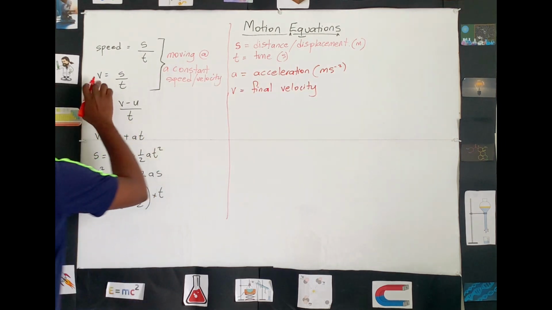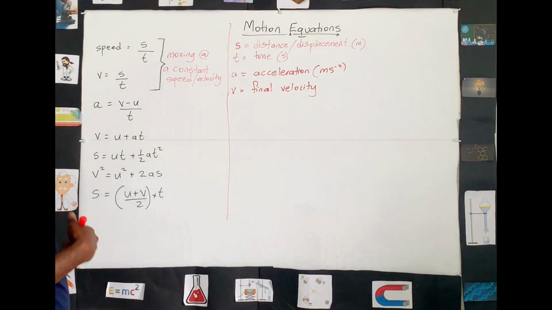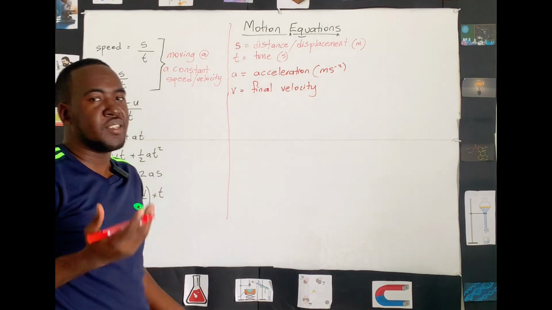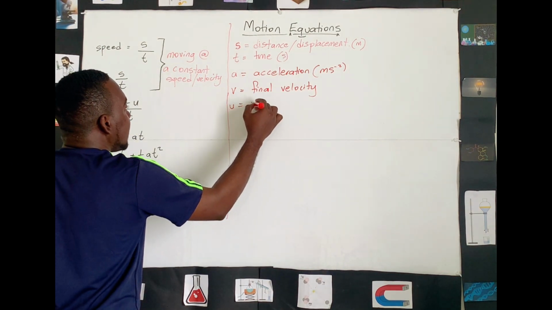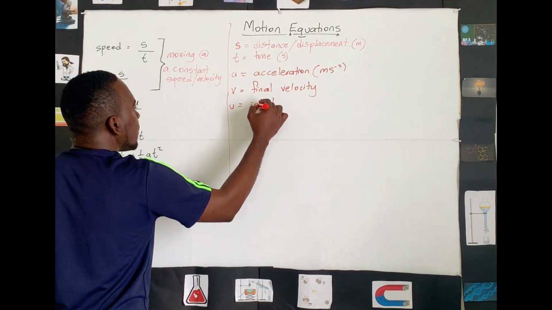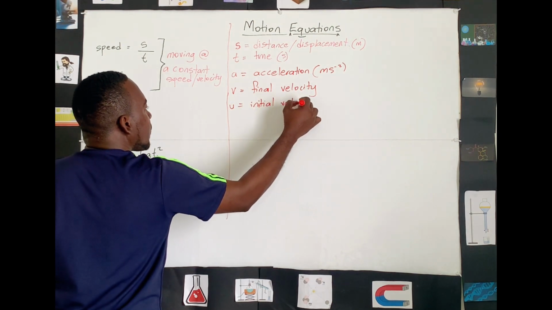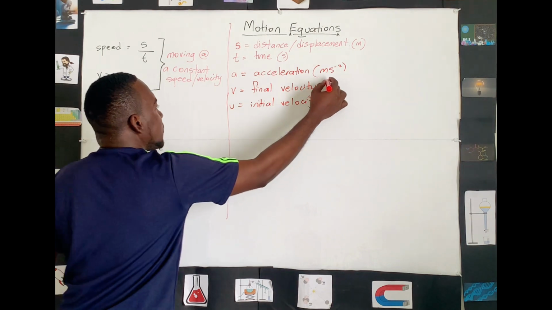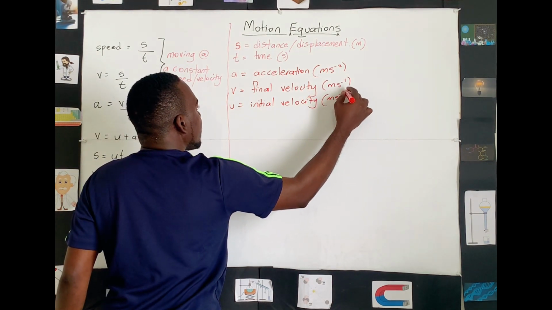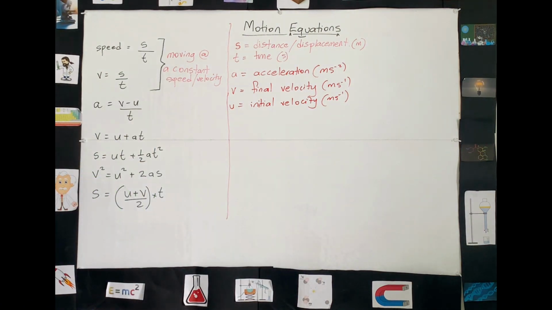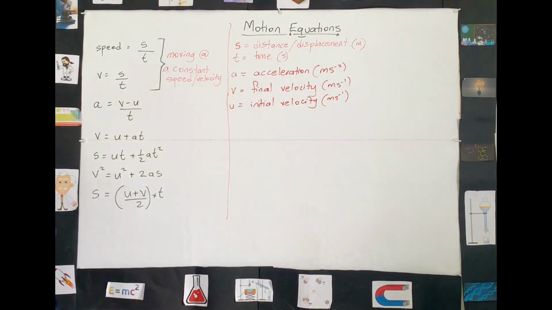But in the previous formula, final velocity would be the same as initial velocity because it doesn't change. The u represents initial velocity. Both have units of meters per second. And we know time already is t.